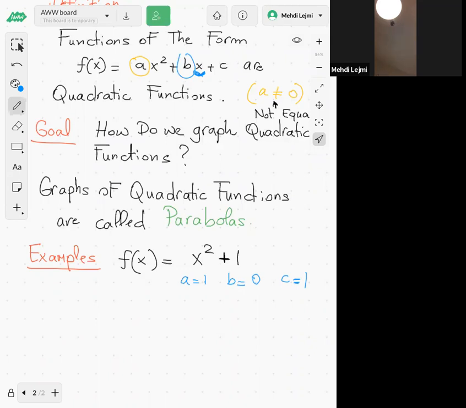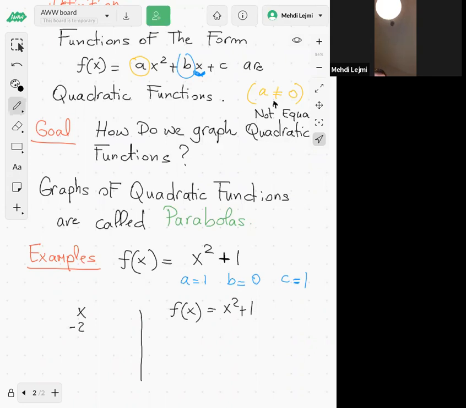Anyway, I'm just going to graph this function. I'm going to plot a couple of points and study the graph of this function. So let's make a table of values. This is my x, this is my f of x, which is of course x squared plus 1. Let's take x equal to -2.